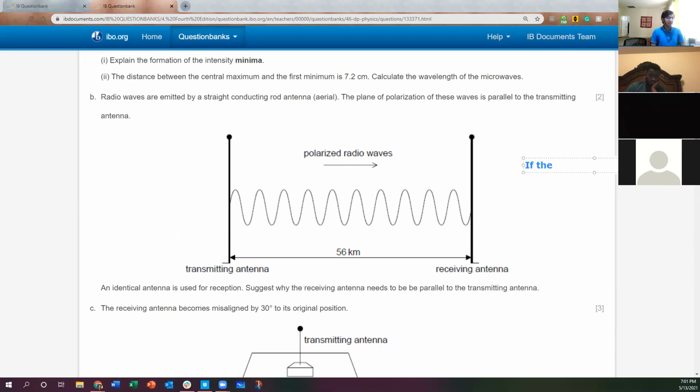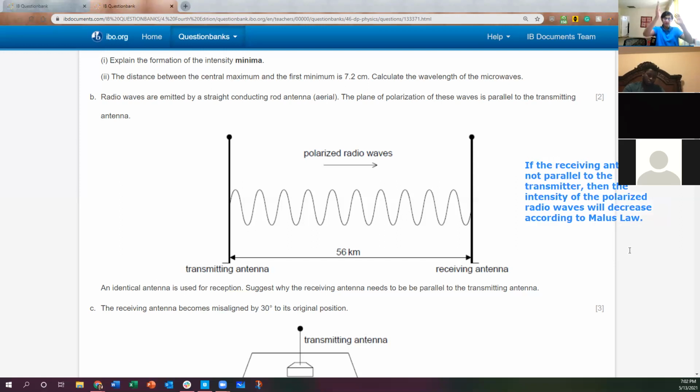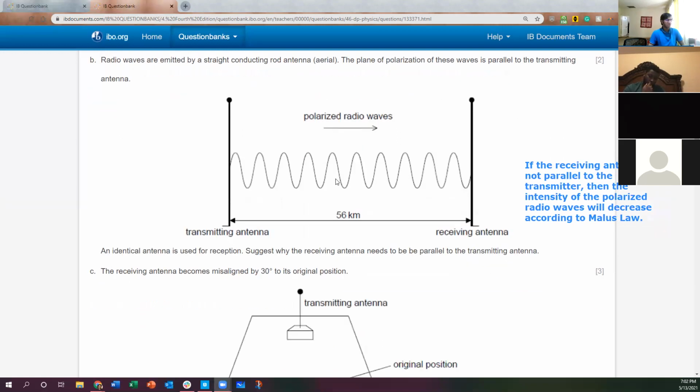I would say if the receiving antenna is not parallel to the transmitter, then the intensity of the polarized radio waves will decrease according to Malus's law. I think that makes sense, because if these weren't parallel, they're like polarizers, right? This is polarized radio waves.